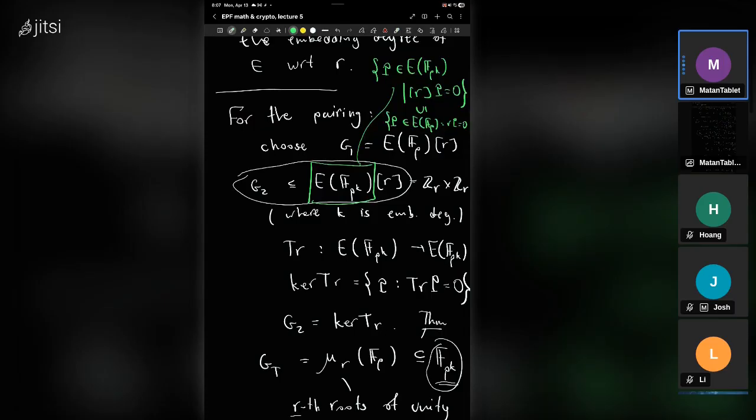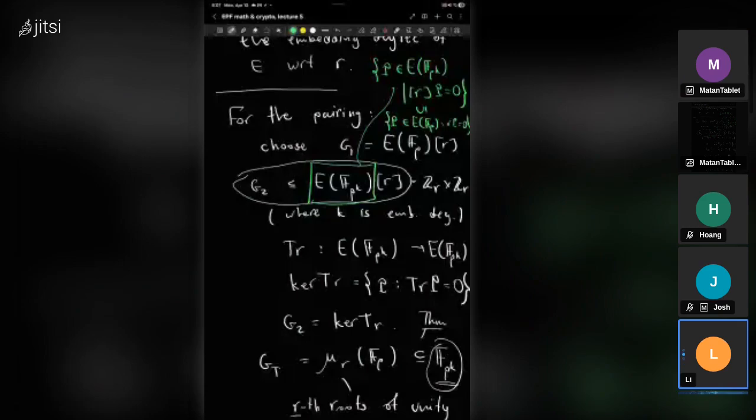You see the point? Also, the construction of the torsion depends on which field you take the points over. Yes, that makes a lot of sense.